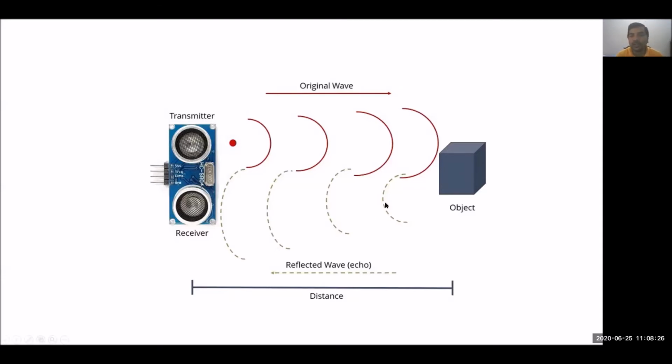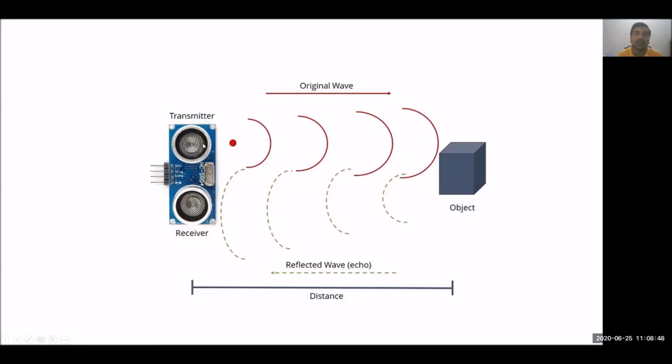This dotted line is the reflected wave, which is called an echo. Normally in an empty room or a well or any big area, if we produce sound, we hear our sound coming back after some time. On the same principle, this ultrasonic wave also works.